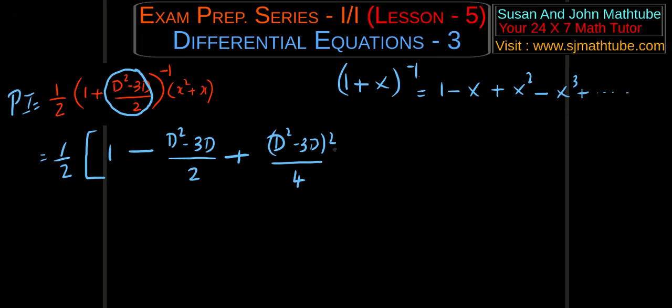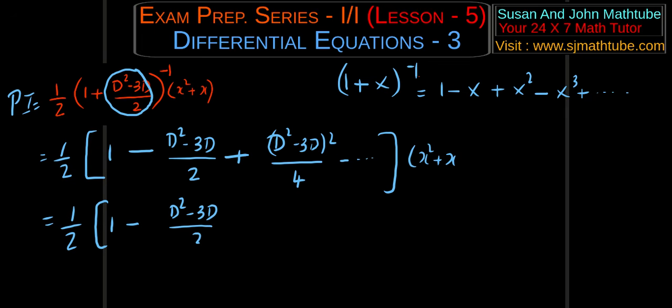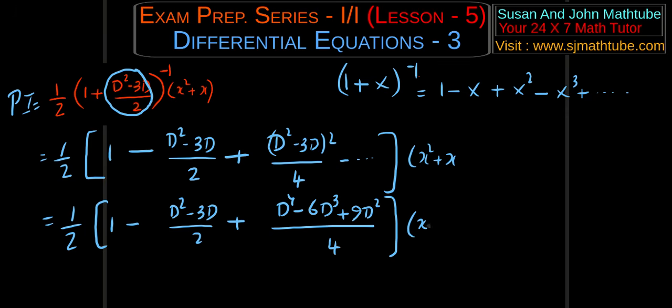Yeah, that's more than enough because the next term will be the whole cube, etc. We don't need that. Of x square plus x. And that is equal to 1 by 2, 1 minus D square minus 3D by 2 plus D to the power 4 minus 6D cube plus 9D square by 4, of x square plus x.